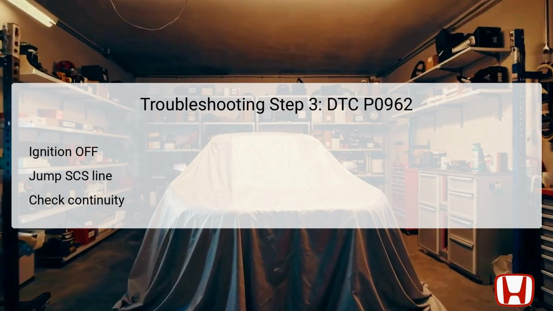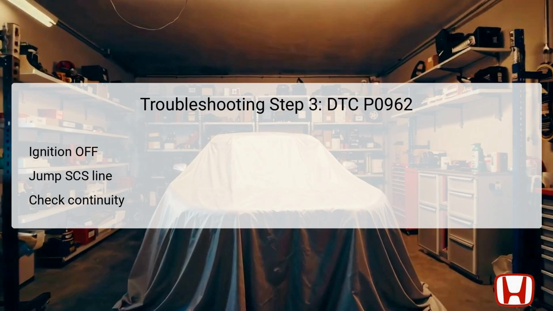In this step, power is cut off by turning the ignition switch to the lock position or selecting the off mode. The HDS must then be used to jump the SCS, System Check Connector line, which allows for diagnostics to proceed without the vehicle running. Subsequently, disconnect the solenoid wire harness 8P connector from the engine side and the PCM connector B, which houses multiple control circuits critical for operation.